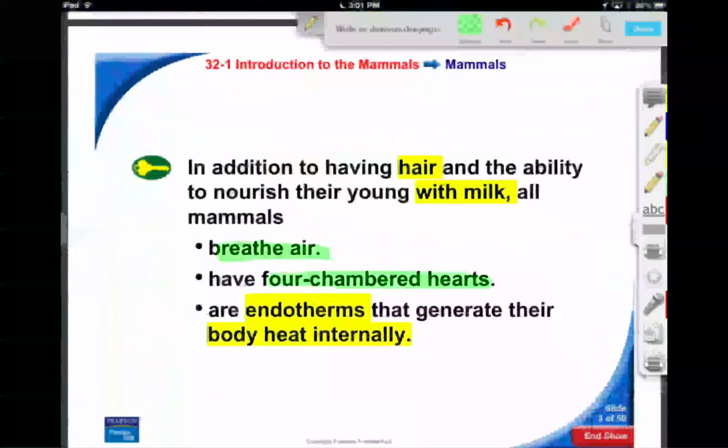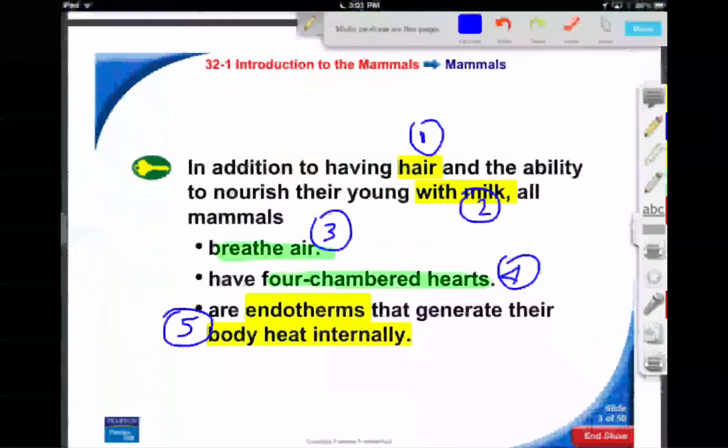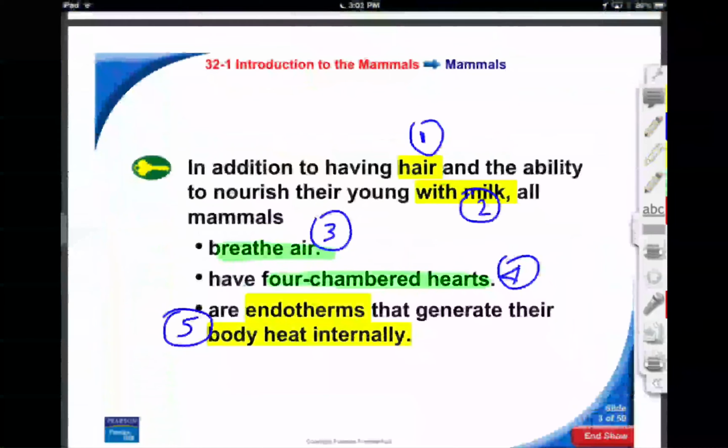So if you were ever grilled or quizzed on this, what you would want to be able to do is to name all those things: the hair, milk, air breathing, four-chambered hearts, and keeping the bodies warm. There you go. So there are 5 characteristics hiding out in there. But when you think about what a mammal is, if you see 5 points that you should come up with, I think you could easily come up with those 5.